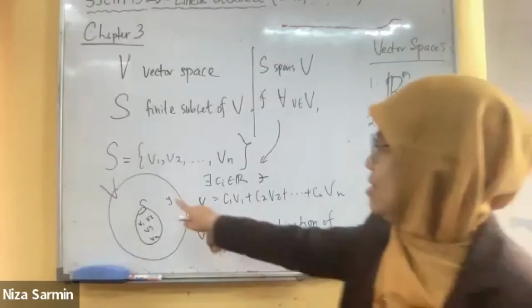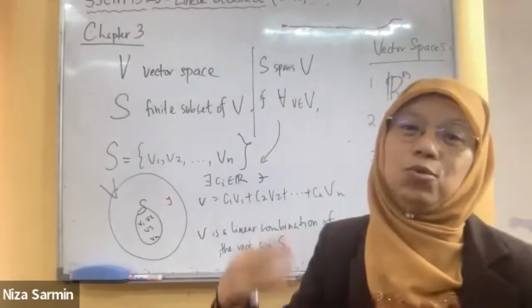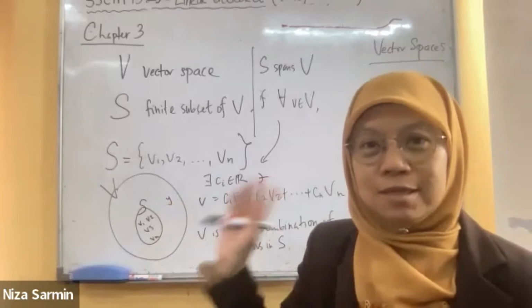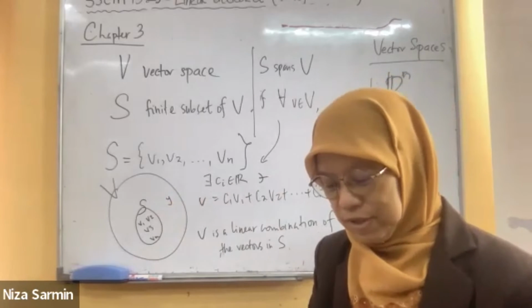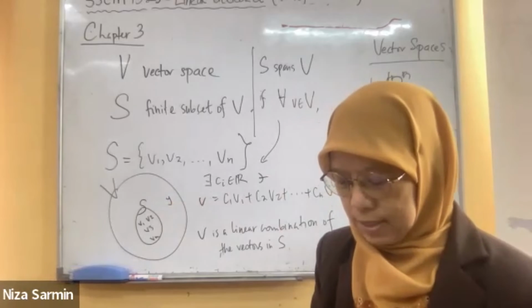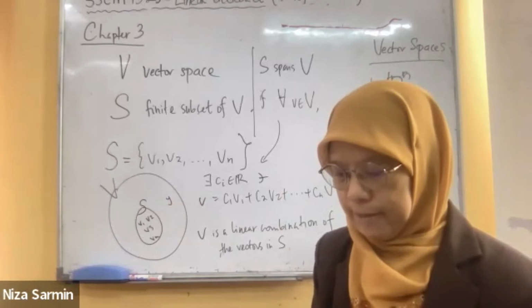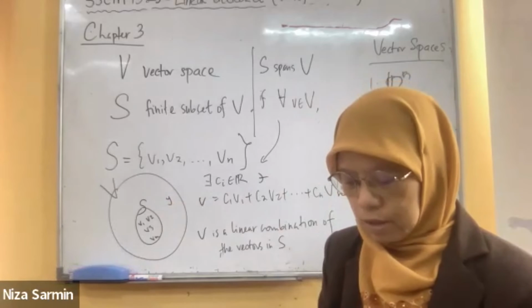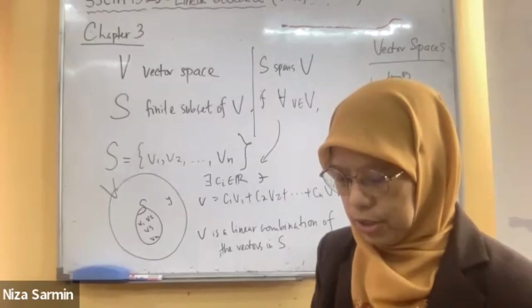Just change this y to v. I can do it with y, but since this is given in the definition as v, I just leave it as v. If you want to leave it as y, it's okay.